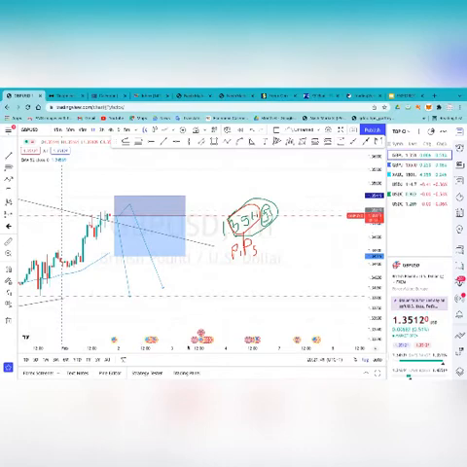Now let me clean this. So after the 4th digit after the decimal point is the pip. So this 5th one is what? Pipettes. All right, so the 5th one is the pipette, and the 4th one is the pip.